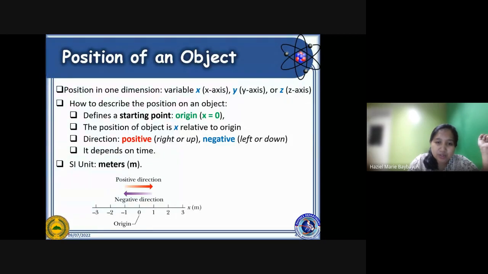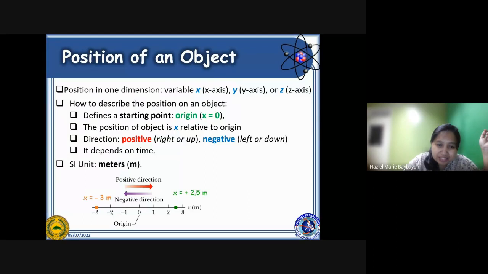Okay? So, ingani ka importante ang pag set of origin or starting point when we describe motion, so that we'll be able to know the direction of the motion.